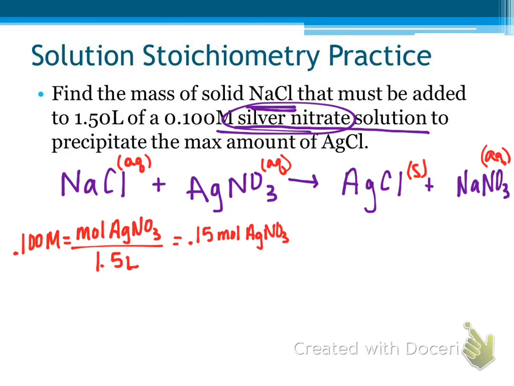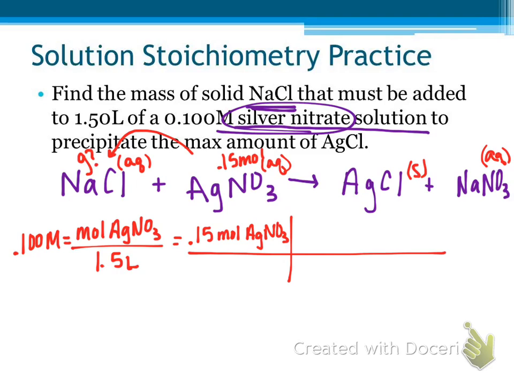We've got to find out how many grams of salt go in to react with all 0.15 moles of that. So we do a stoichiometry problem to go from 0.15 moles, and we want to find out how many grams of salt it will take to use up all of those moles.